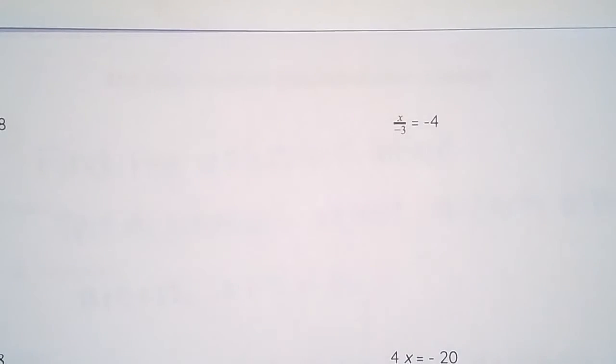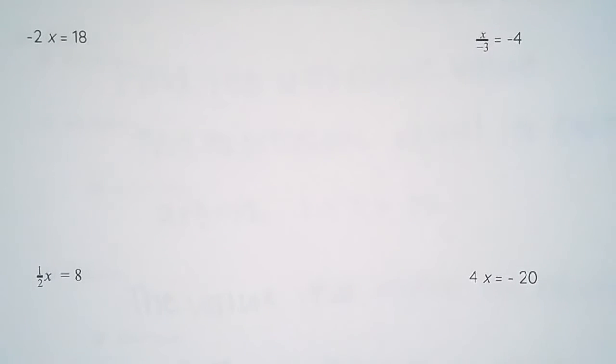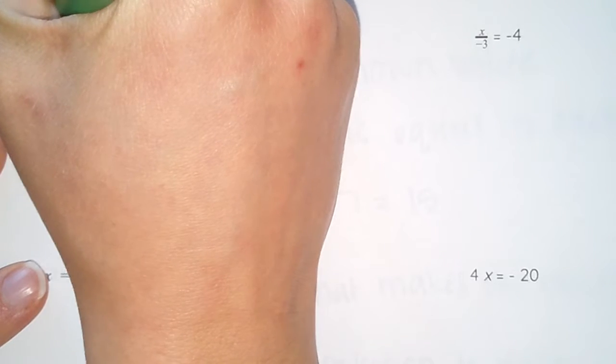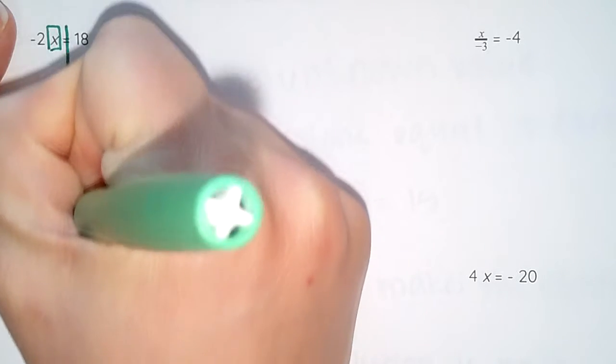All right, so let's go ahead. We are going to try 4 problems together. We will start up here with negative 2x equals 18. So I'm going to box that variable, and I'm going to draw my line down.